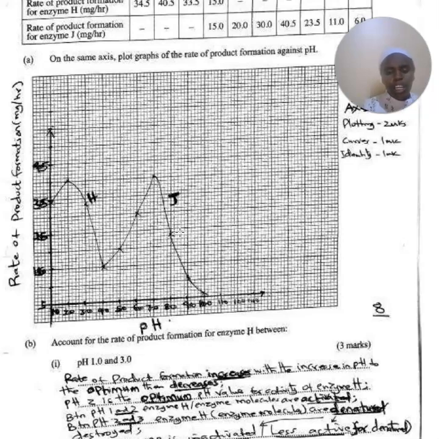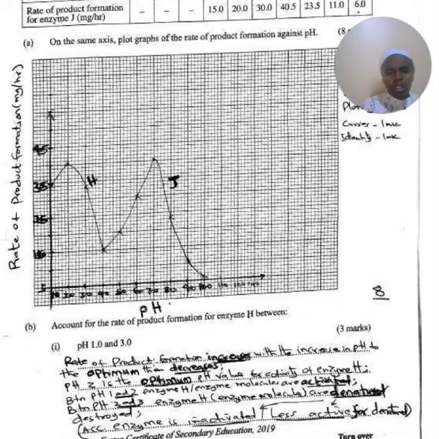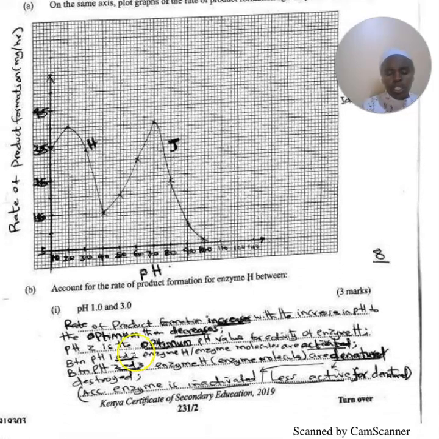You get your mark. So you are asked, account for the rate of product formation of enzyme H between pH 1 and pH 3. So pH 1 and pH 3, this is it. You can see the product formation increases with increase in pH up to the optimum pH, and then it starts decreasing.